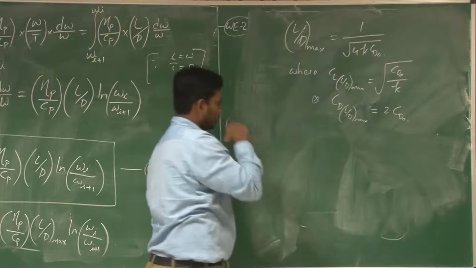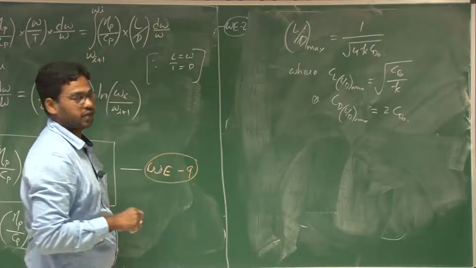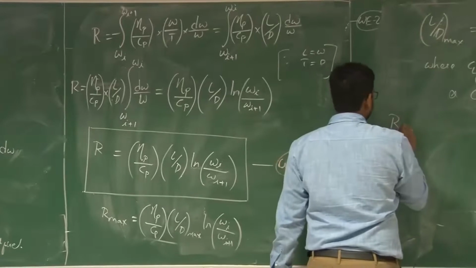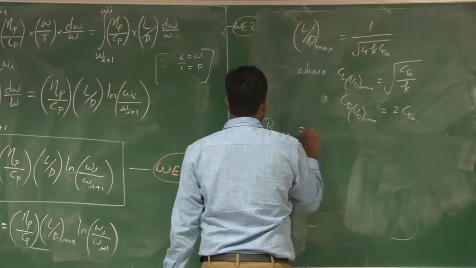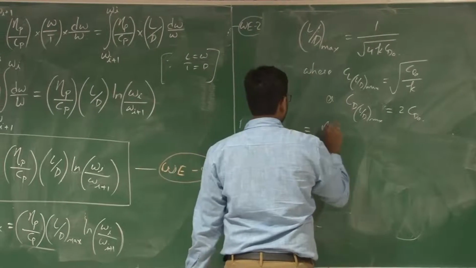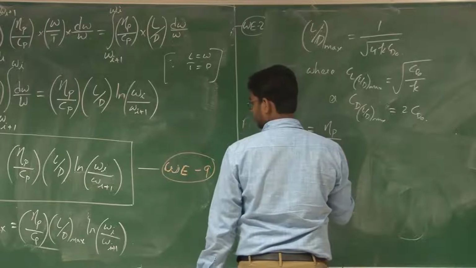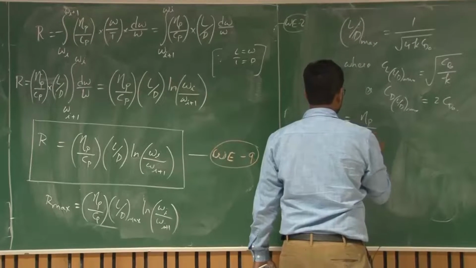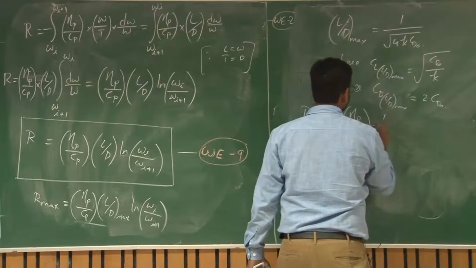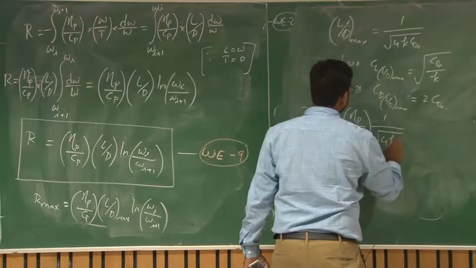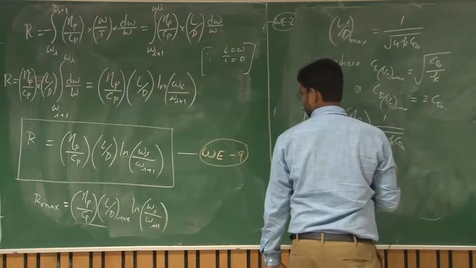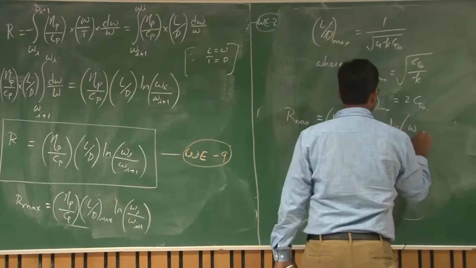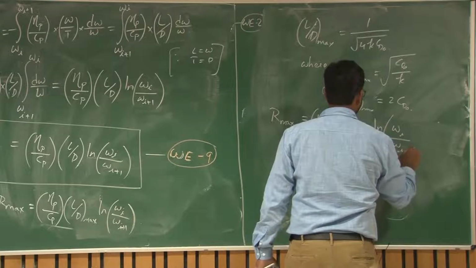The induced drag is equal to the profile drag in this case. If you substitute this, the range maximum will be eta p by Cp into 1 by root over 4k CD naught into ln of Wi by Wi plus 1.